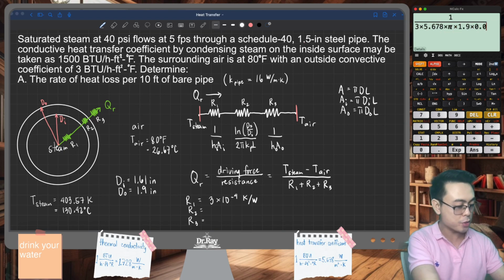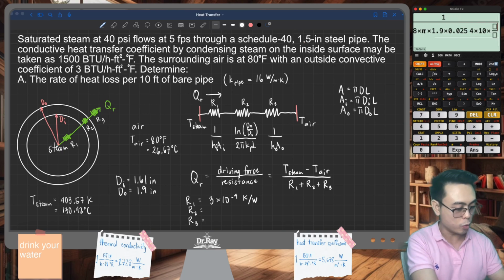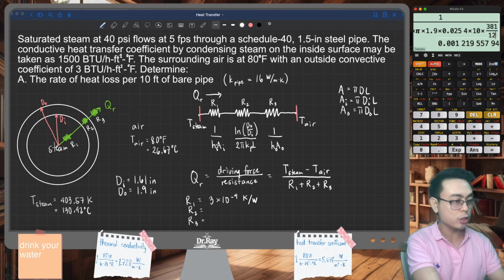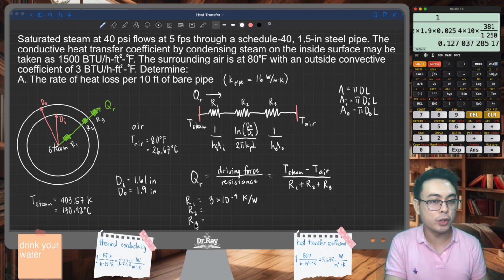Convert this to meters, times length. Convert feet to meters. Do not forget to convert your units. The resistance for the third one is 0.127. Let's just do 0.127. This is Kelvin per watts.